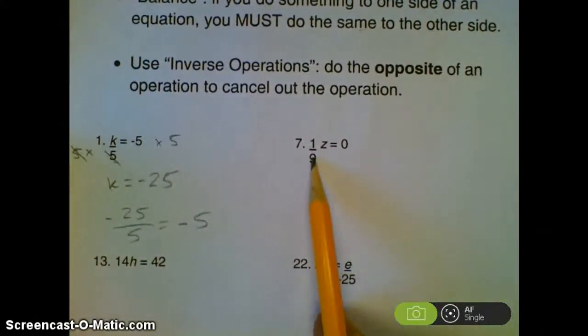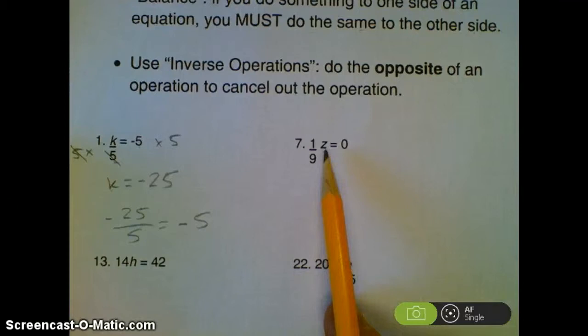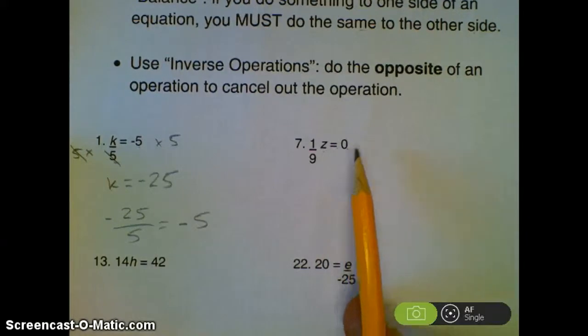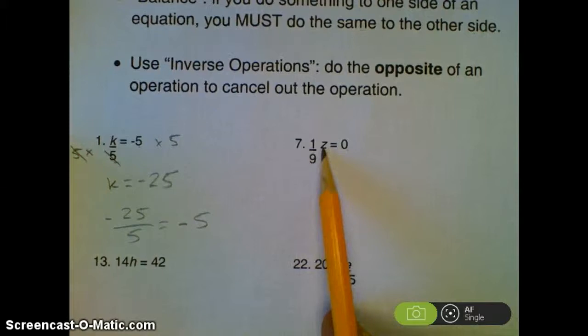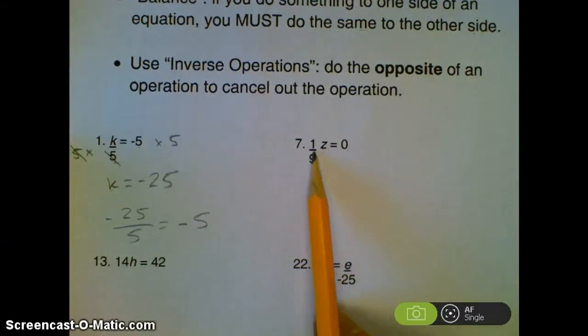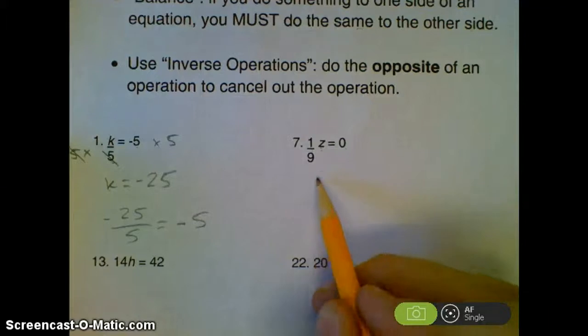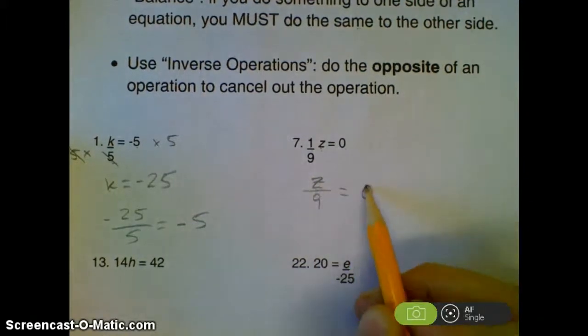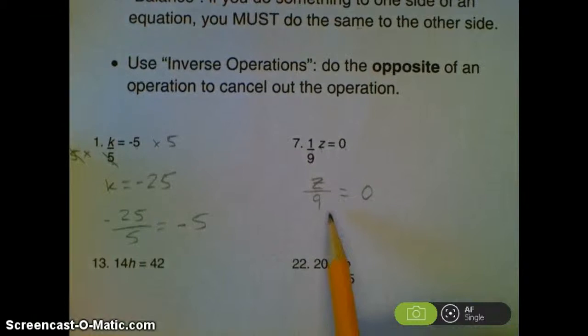1 over 9 times z equals 0. Well, this is 1/9 times z. I could multiply by 9, or I could look at this as z over 9, that's the exact same thing, equals 0.